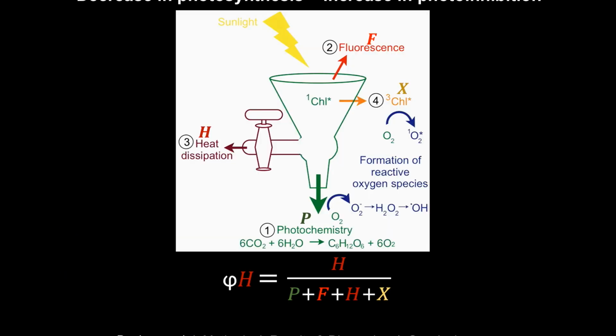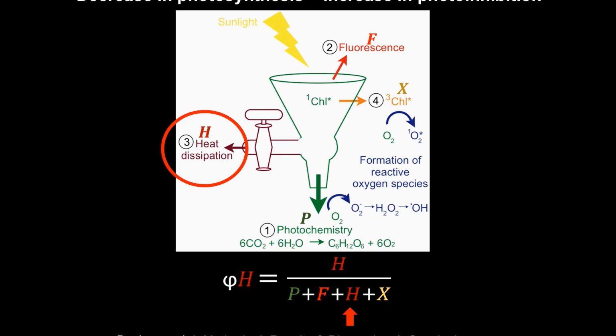So if we think about all of this like a mass balance equation, where heat dissipation is represented by that red H, photochemistry by the green P, the formation of reactive oxygen species by the X, and fluorescence by the red F. The reason we're interested in heat dissipation is because an increase in photoinhibition or photoprotection is suggestive, most of the time, of a decrease in photosynthesis.